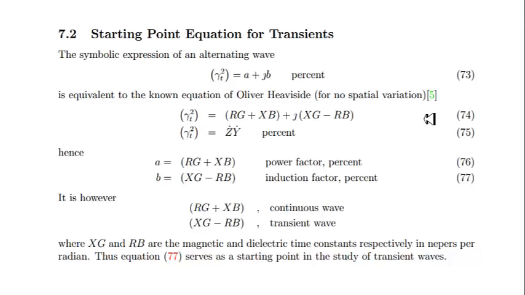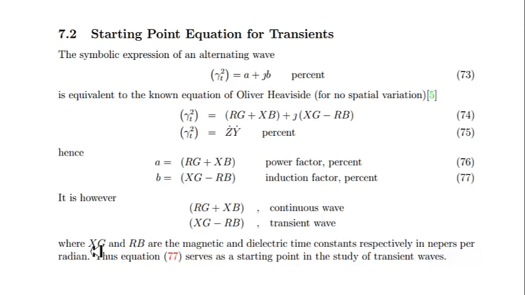So in this equation, the real and imaginary components are the power factor and the inductance factor, but it is also the case that the real component represents the continuous wave in this expression, and the backward diagonal represents the transient wave.